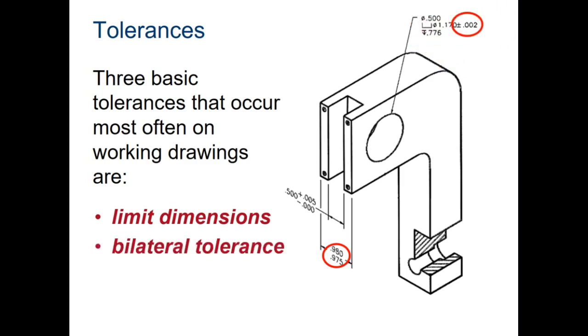You have bilateral tolerance. In this case, you're shooting for a diameter of 1.17, but it can go 0.002 inches above or below that central measurement. So what you're trying to do is hit that 1.170 measurement, but you can go above it a little bit or below it a little bit.